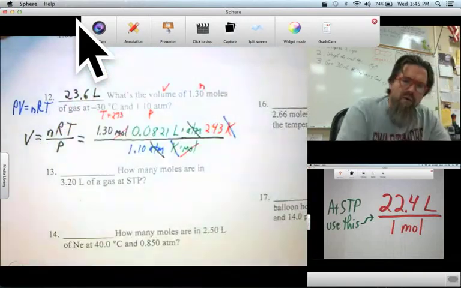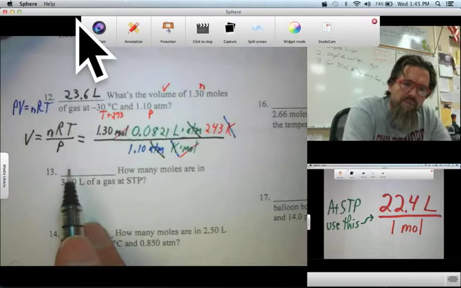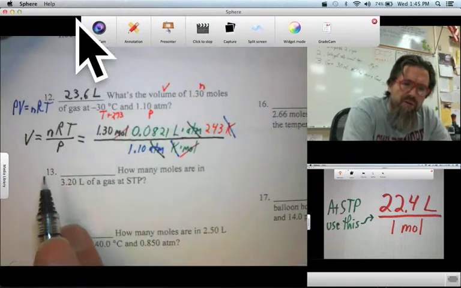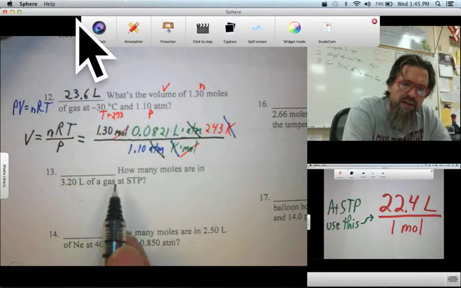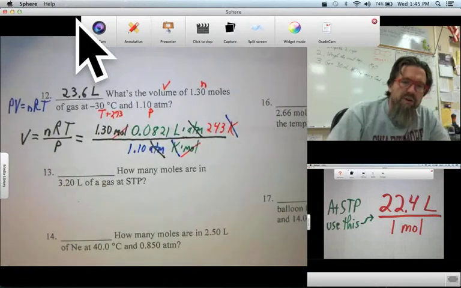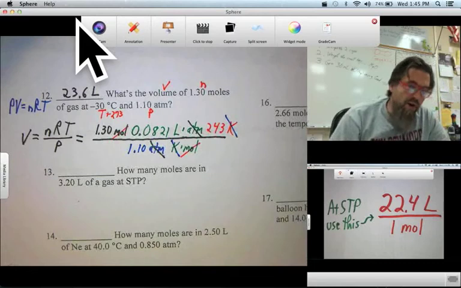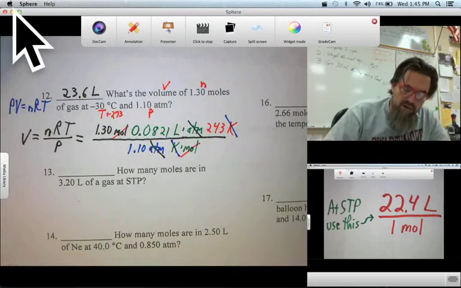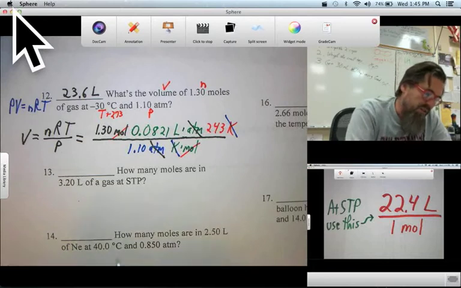Okay, next problem. Problem 13, how many moles are in 3.20 liters of a gas at STP? Now this problem could be done using the ideal gas law. However, much better to use that ratio that's true of any gas at STP. So it's just a very simple conversion.